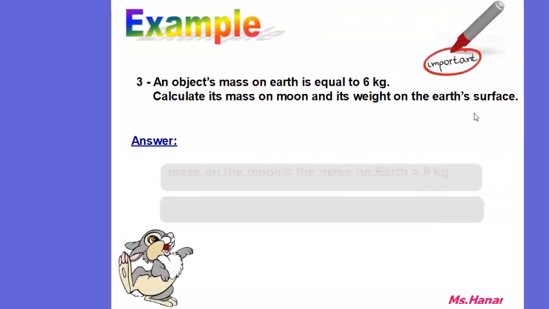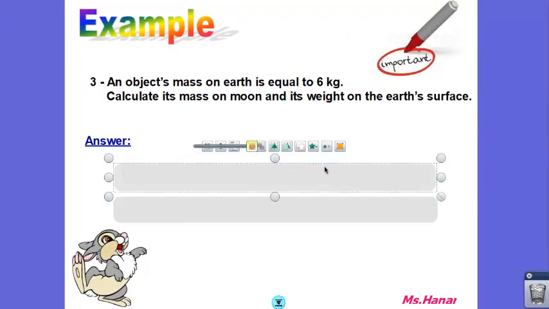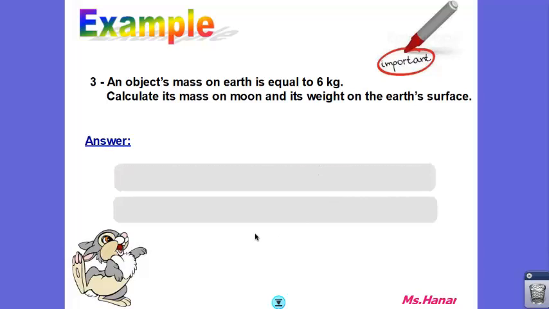Another example. An object's mass on Earth is equal to 6 kilograms. Calculate its mass on the Moon and its weight on the Earth's surface. It is so easy. Mass on the Moon equals mass on Earth, equals 6 kilograms. Okay, weight on Earth.